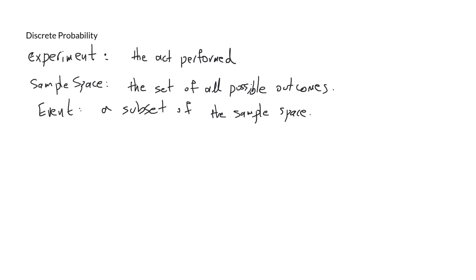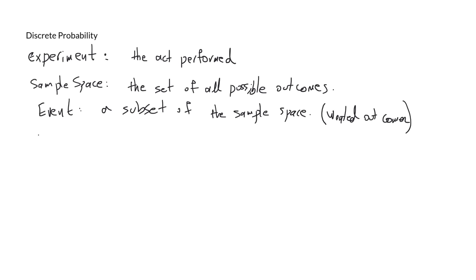For instance, when we flip 2 coins and we want the outcome that one of them is heads and one of them is tails, our event will be the set of all the outcomes where one of the coins has shown up heads and the other tails. So these are the wanted outcomes, I would say.